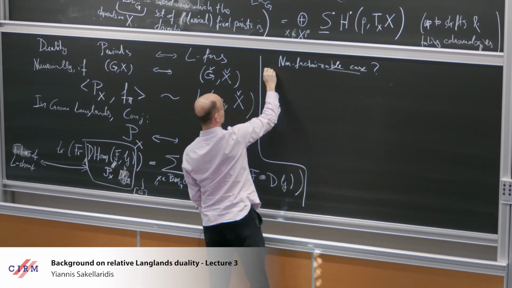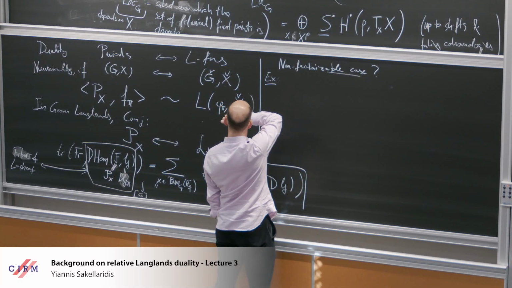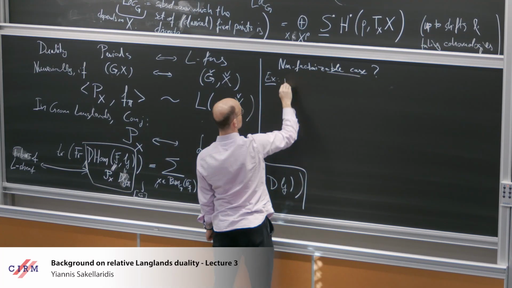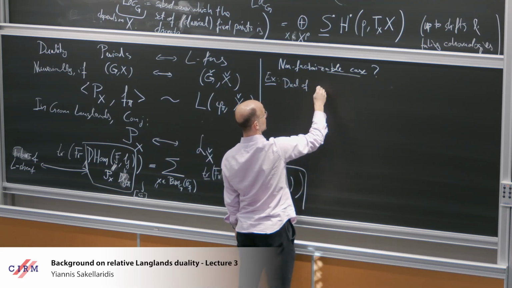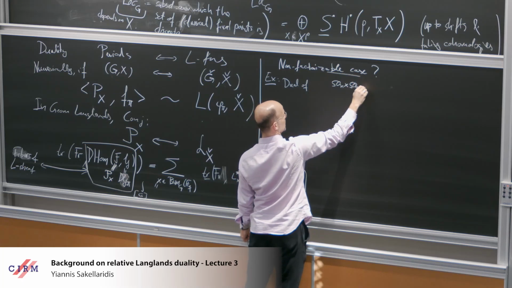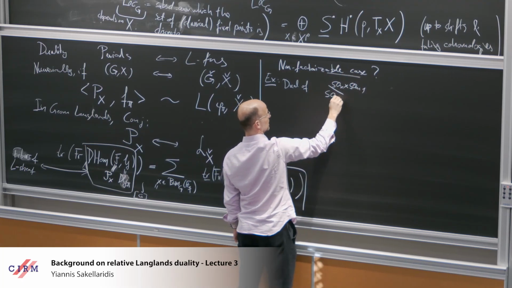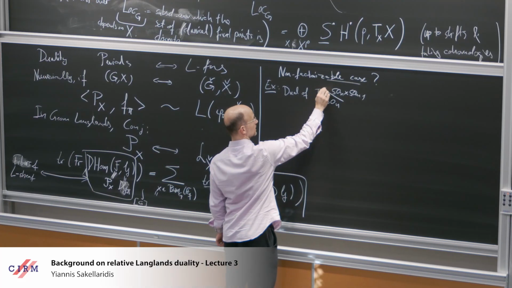So the example that I started presenting last time was, well, that the dual of SO(n+1) mod SO(n). Let me switch back to Hamiltonian spaces, so I'll put a T star here.